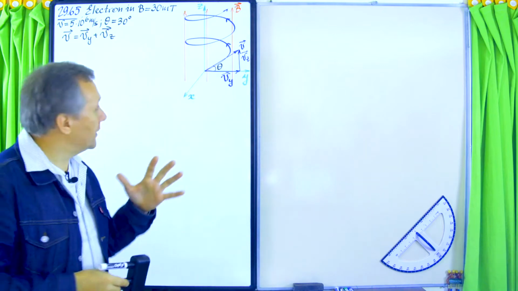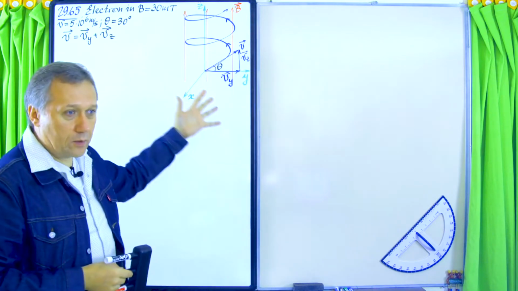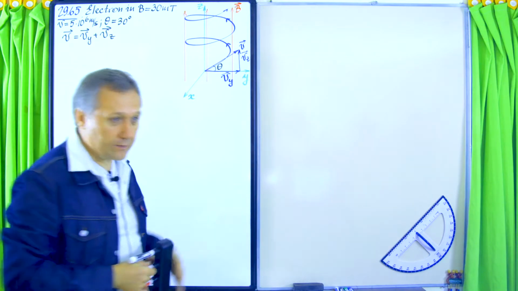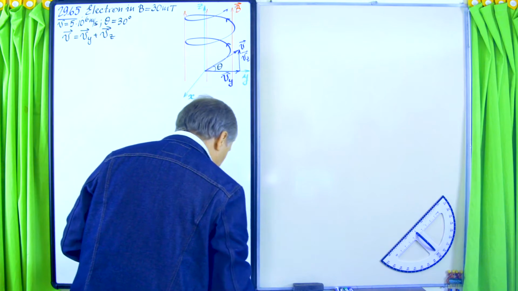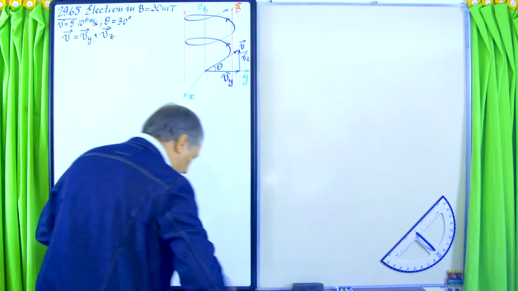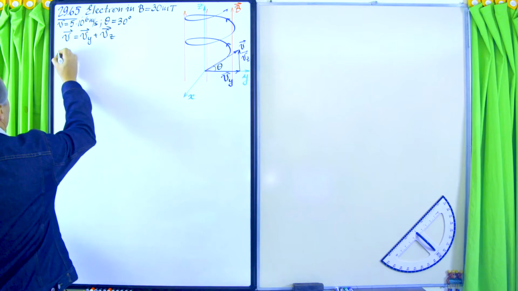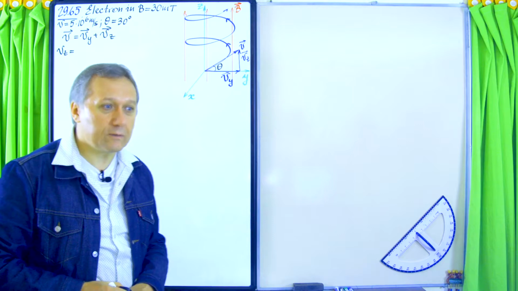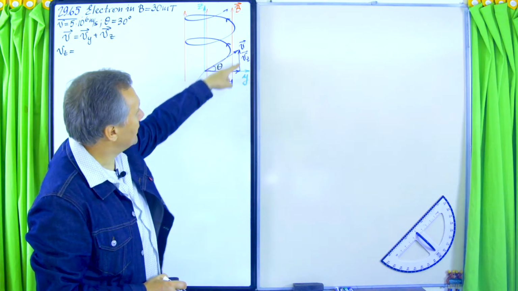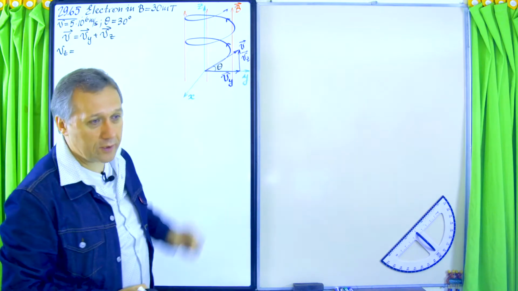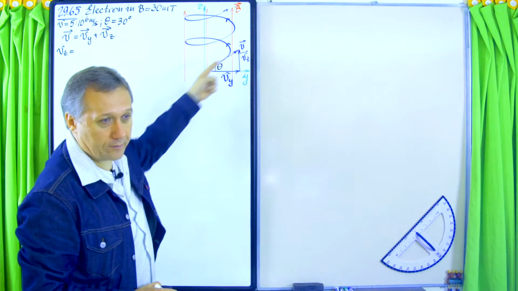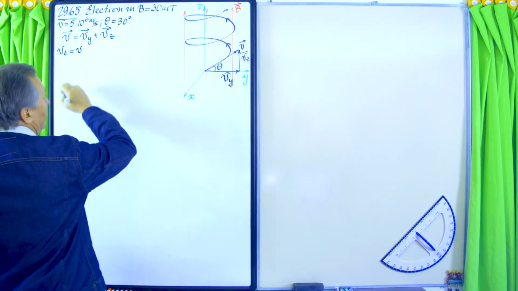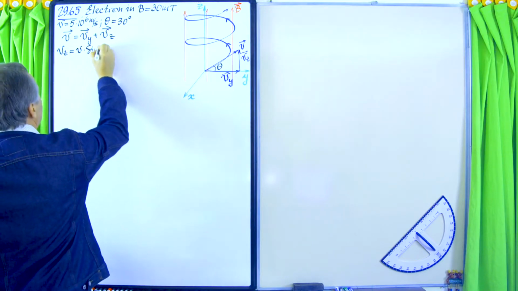Also, let me write down in words what each velocity component gives us. So V sub z, of course we can easily find, because this angle is given, and that is basically the side opposite to the given angle. This is just a right triangle. So V sub z we can find as V times sine of angle theta.